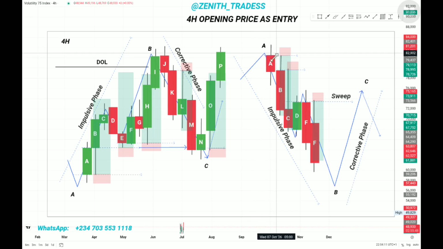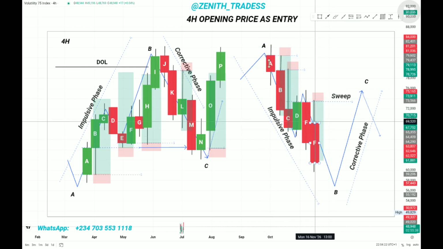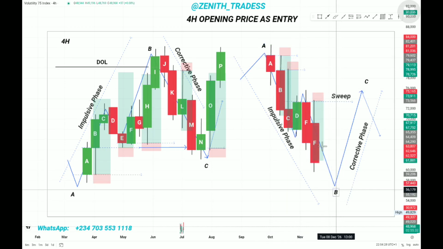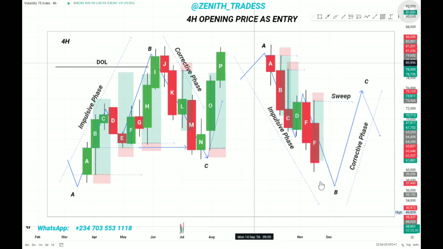Now when this A is forming, right, it closes bearish. That signifies that a new phase has started. This is a strong high, then this is a new phase, impulsive leg, but this time around bearish, impulsive corrective.